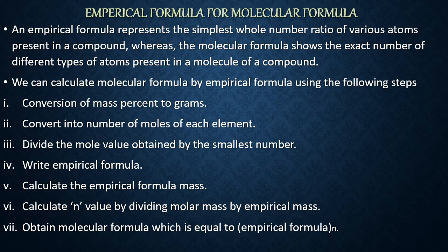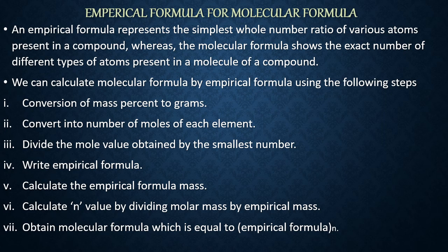Normally in the examination, for the calculation of molecular formula or empirical formula, atomic masses will be given. If not, a table will be given in the form of a log table or Clark's table. So in that book you refer to the atomic masses. Atomic masses are not to be learned by heart. They are given in the examination, either in the question itself or in the extra supplement known as the log table.